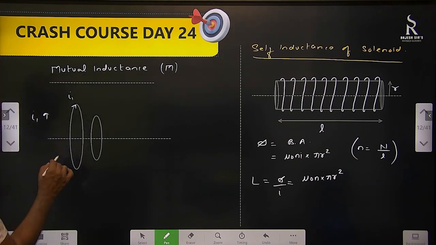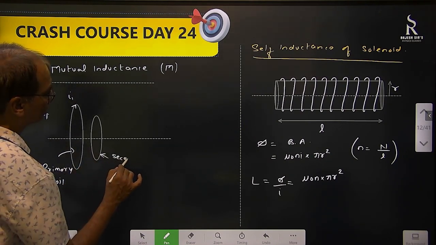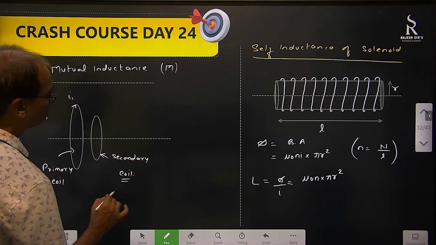Okay, we call this as primary coil. We call this as secondary coil. Okay, so what the process is?